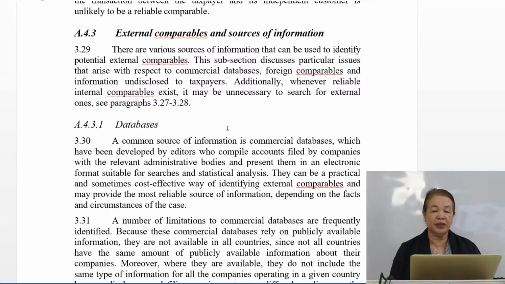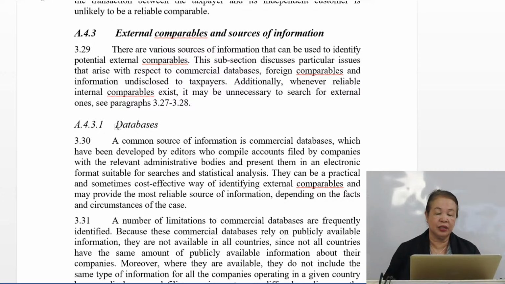Ito yung mga nagme-maintain ng mga data or information ng mga clients or ng mga entities na accumulate nila yung mga data to be available to third parties pero may bayad, no? So nagbebenta ng data. Ano naman itong mga foreign comparables? Nakukuha sa foreign source, no? And information undisclosed to the taxpayers.